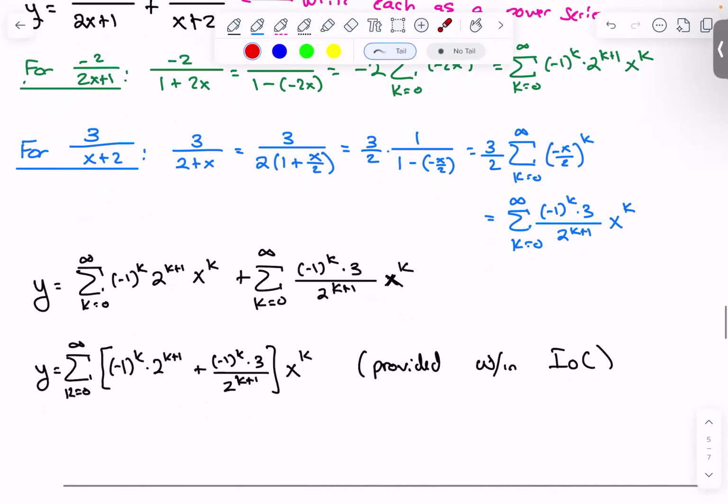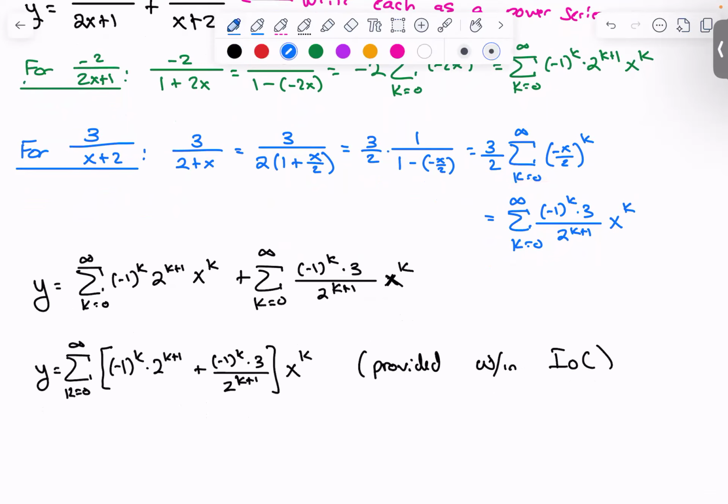This thing right here, you can verify on your own time. It has a radius of convergence of 2. And it also has an interval of convergence of, wait, I plug in -2, it diverges.